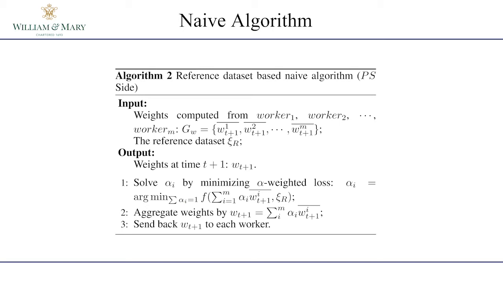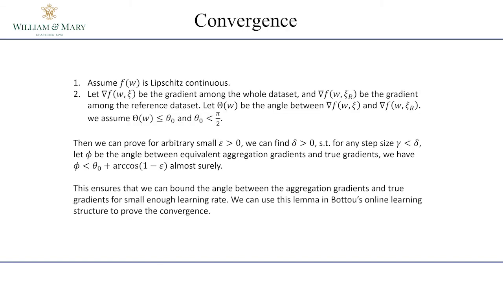The alpha weight linear combination actually includes this scenario. So, in fact, in each step, this naive algorithm can perform better than the ideal solution. And this shows the feasibility of the naive algorithm. We also proved the convergence of this naive algorithm.